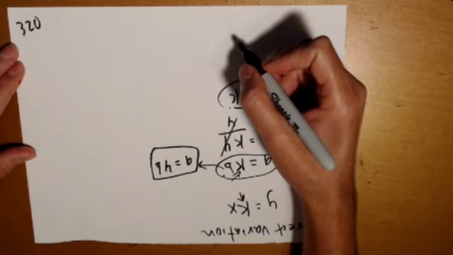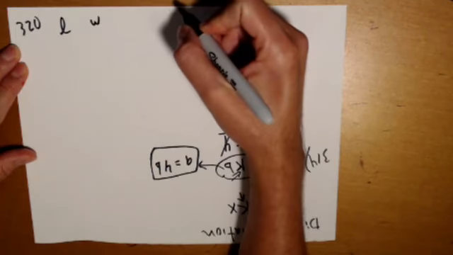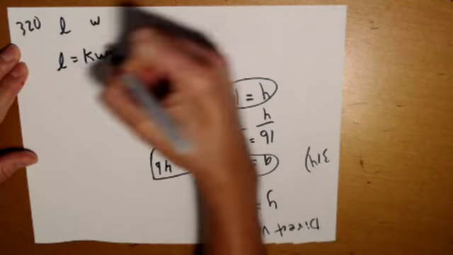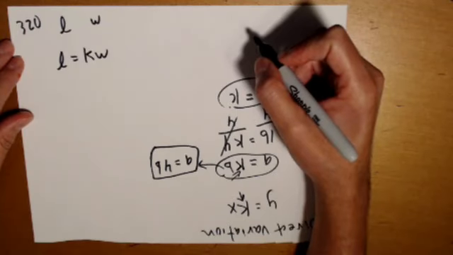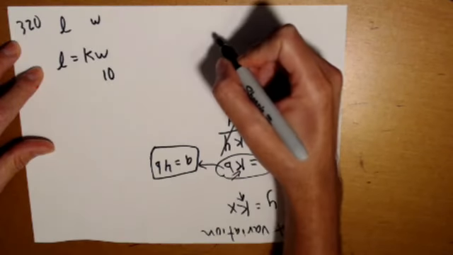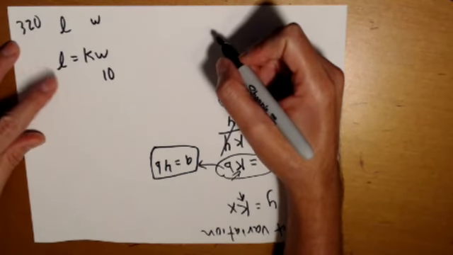320. The length that a spring stretches varies directly with its weight. So there's length and there's weight, and they vary directly. So length is equal to kW. So length and weight vary directly with each other. Okay. When Sarah placed a 10-pound watermelon, 10 pounds is the weight, the spring stretched 5 inches.